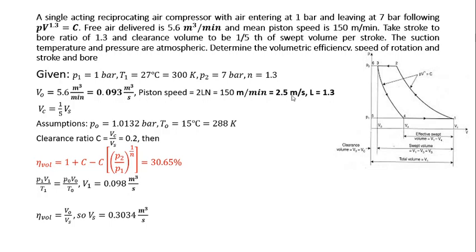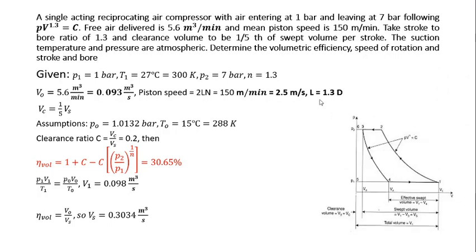Now if you convert this into seconds, then it will be 2.5 meter per second. And stroke length L is equal to 1.3D, that is, stroke to bore ratio is 1.3 is given. And clearance volume is equal to 1/5 of swept volume. So Vc by Vs, or clearance ratio, is 1/5 or 0.2.